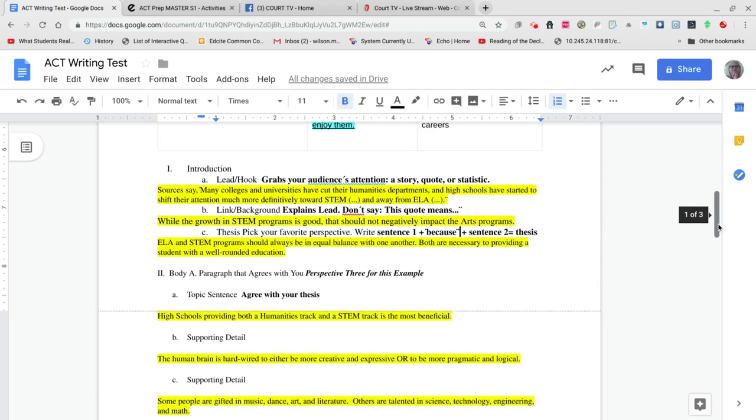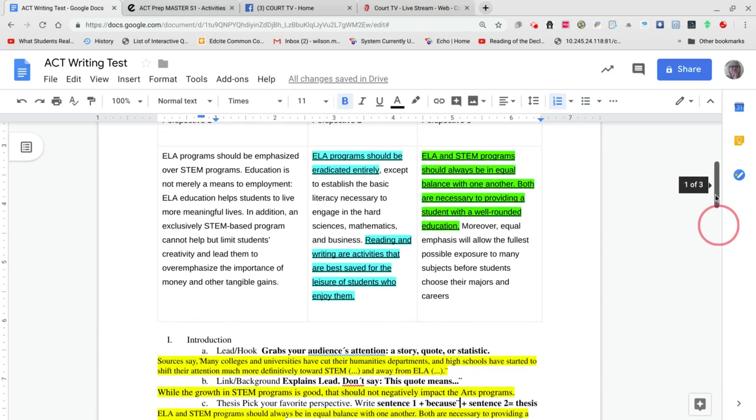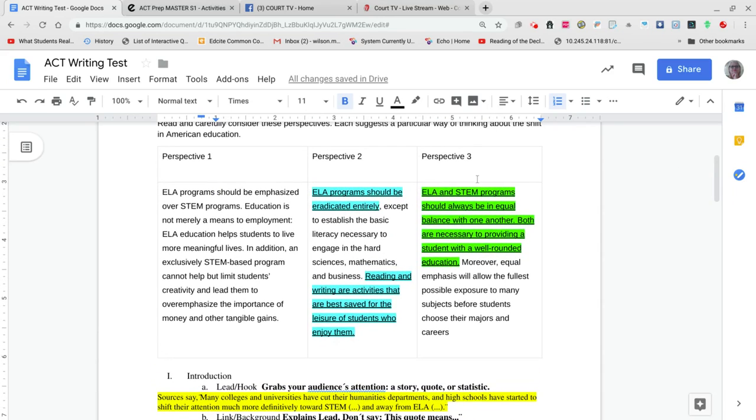Okay, now I have a genius, magical way to do your thesis. You take the perspective that you agree with, and we're going to go with perspective 3 here. You take the first sentence in the perspective, take away the period, add the word because, add the second sentence, and then you've got your thesis.